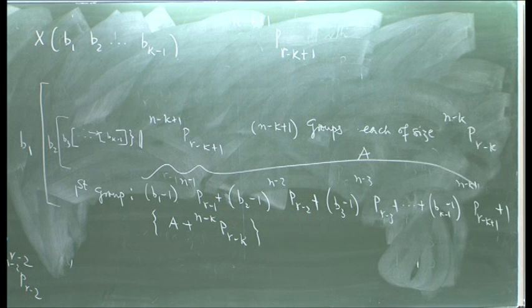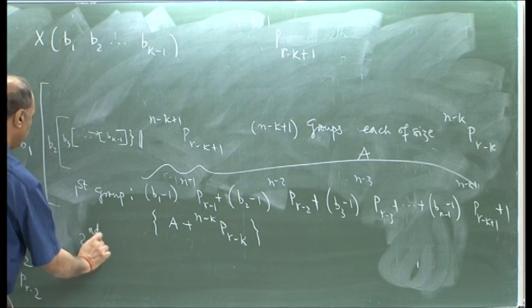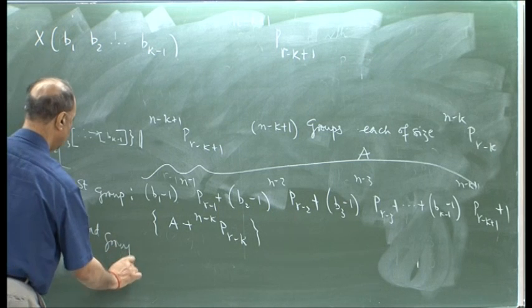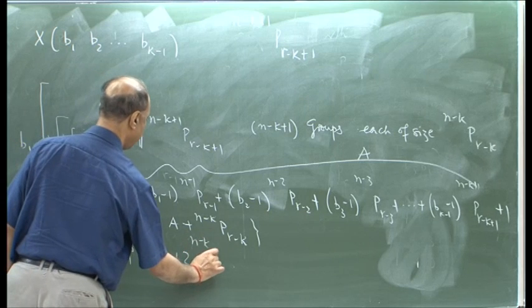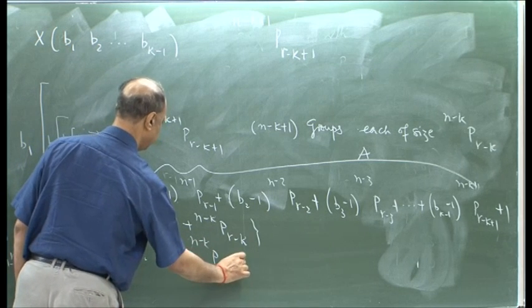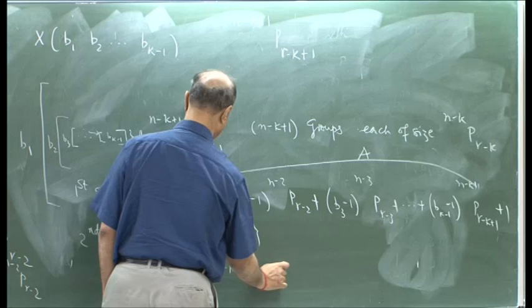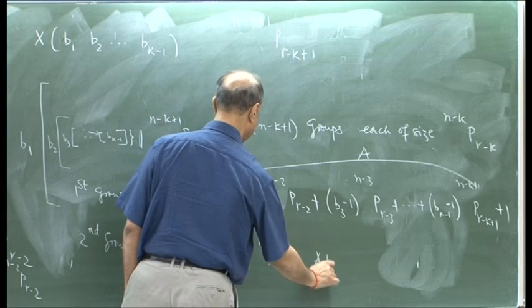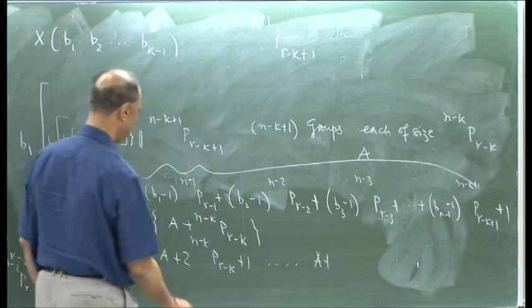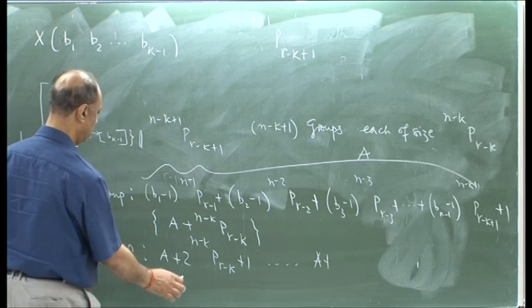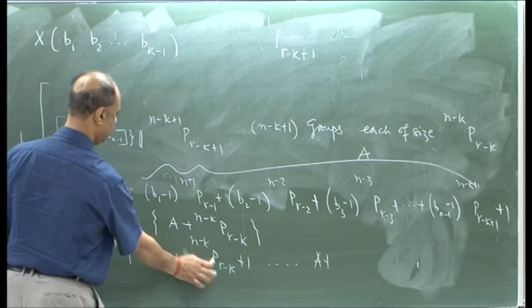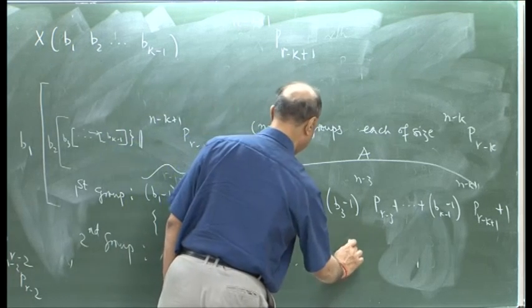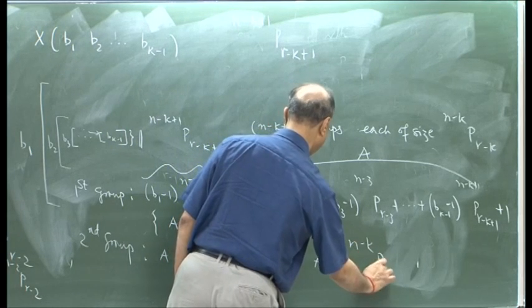Okay? Now the second group times (n minus k) P (r minus k) plus 1 to a plus 2 times (n minus k) P (r minus k).